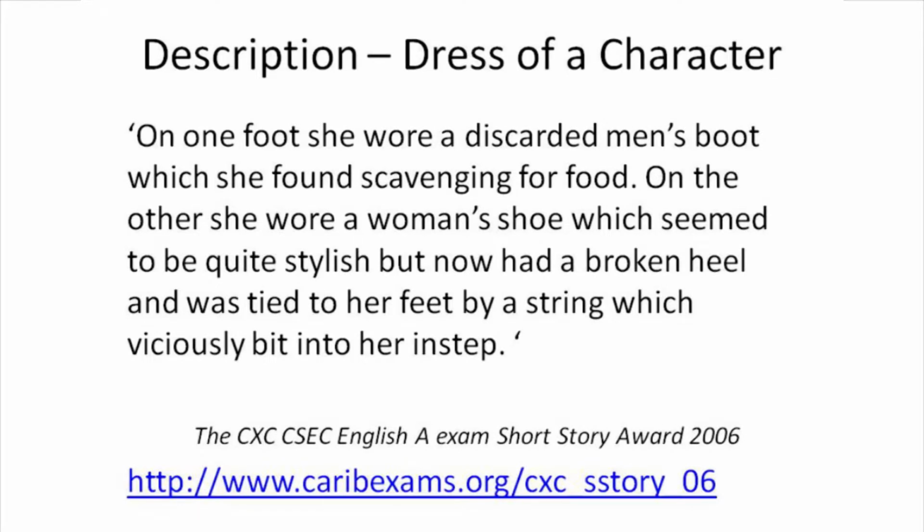On one foot, she wore a discarded men's boot, which she found scavenging for food. On the other, she wore a woman's shoe, which seemed to be quite stylish, but now had a broken heel and was tied to her feet by a string, which viciously bit into her instep.